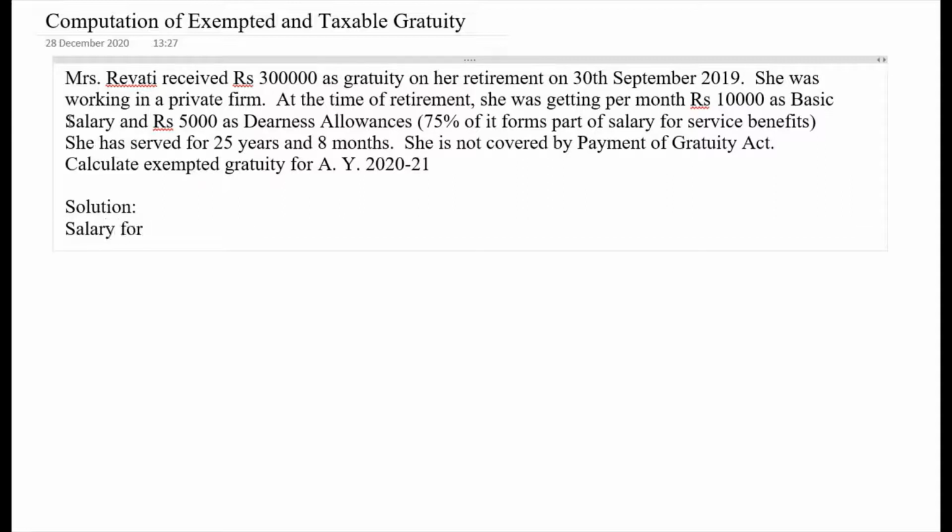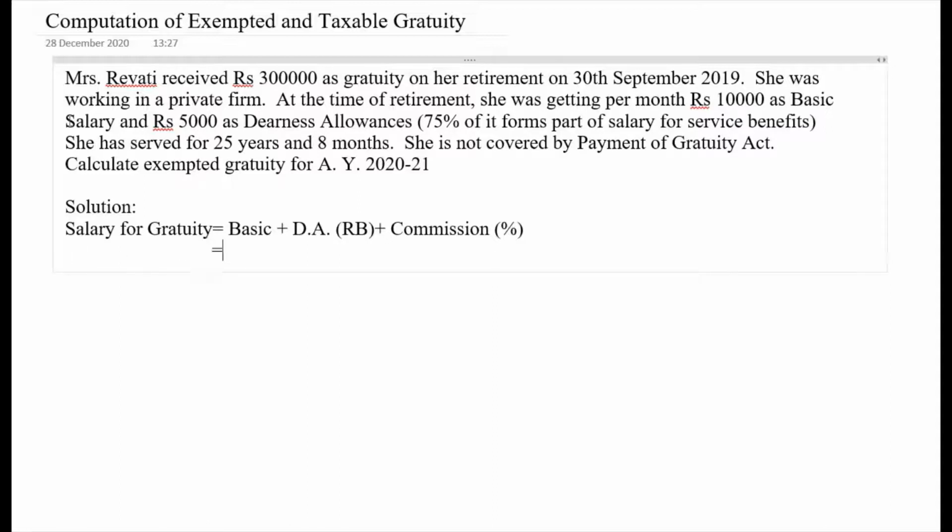Salary for gratuity equals basic plus DA if it is a retirement benefit, plus commission if it is based on a percentage on the turnover achieved by the employee during the previous year.